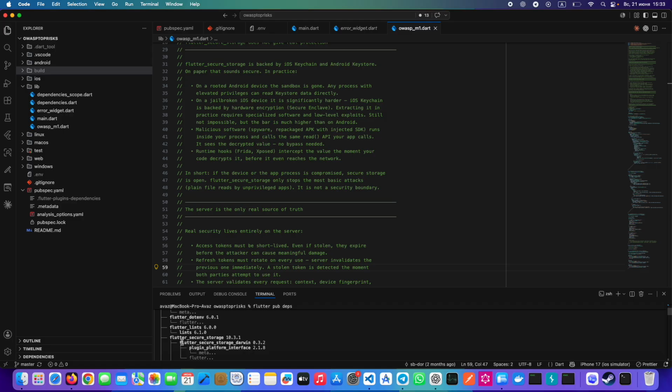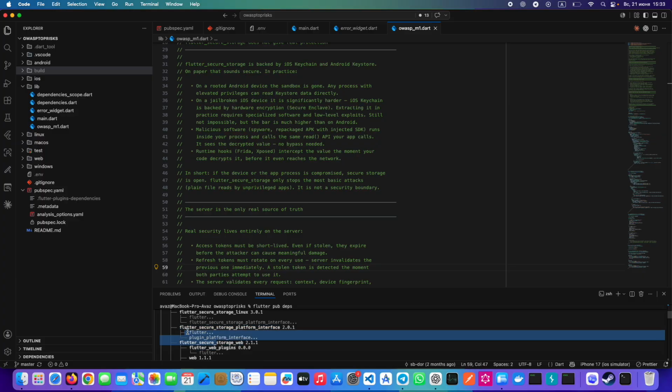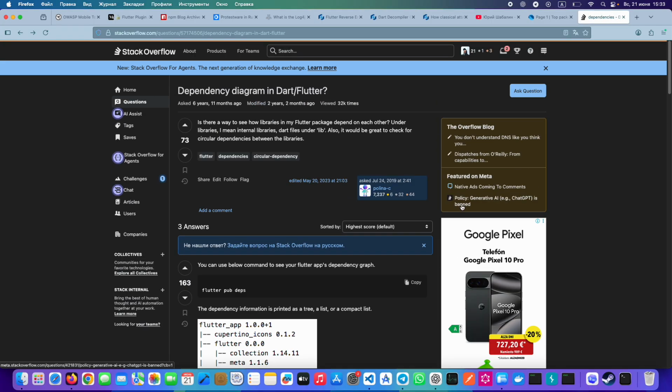For example, Flutter Secure Storage uses Flutter Secure Storage Darwin, Linux, platform interface, and some other specific packages inside. So it's called a diagram of dependencies.